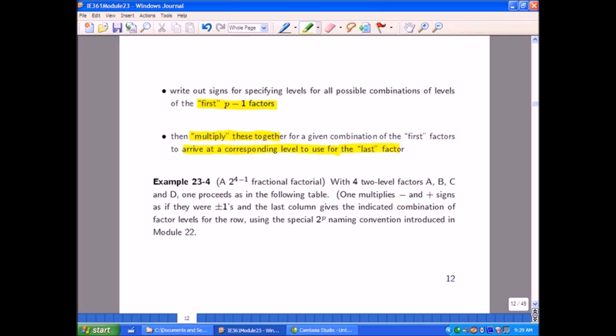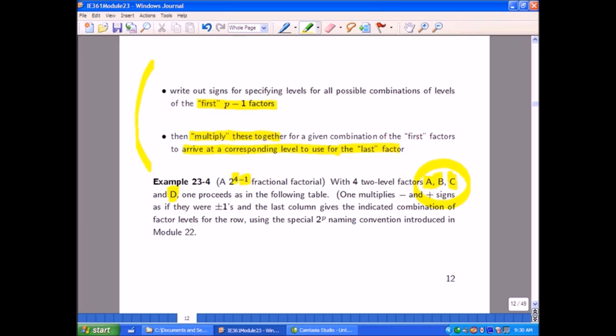So here is an example. Let's talk about 4 factors. We're talking about a half fraction, so we're talking about a 2 to the 4 minus 1 fractional factorial. I have factors A, B, C, and D. To follow this prescription, I'm going to look at 3 factors and write out plus and minus signs specifying the 8 different combinations of levels of those 3 factors.